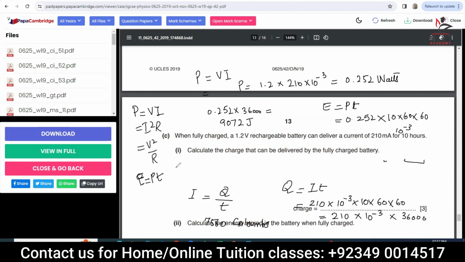Then you have V is equal to IR. These are all the formulas which will be used. 1, 2, 3, 4, and 5. And then one more formula, I is equal to Q upon T. 1, 2, 3, 4, 5, and 6. No other formula will be used other than these. These are the only formulas which will be used in this chapter.